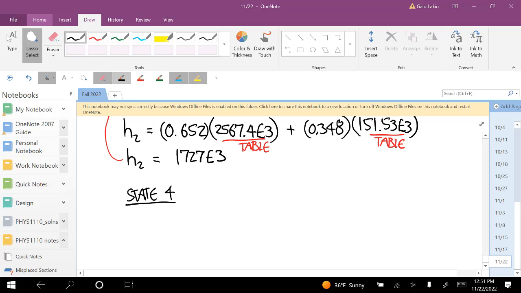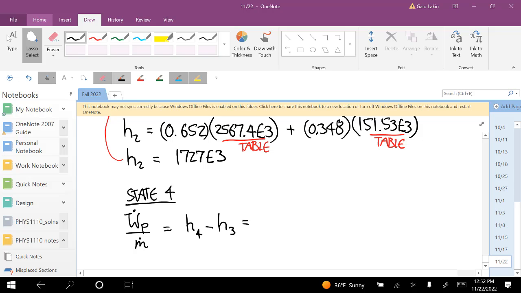And we know that, so remember that for the pump, the rate of work per the rate of mass flow is equal to H4 minus H3.